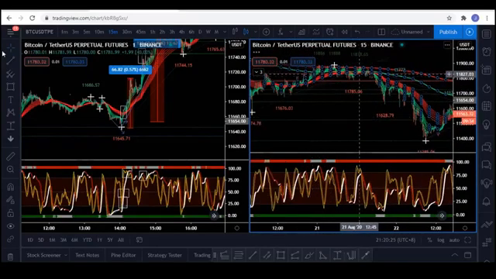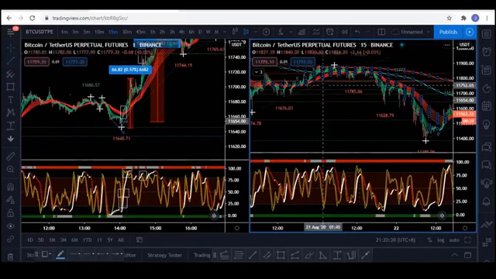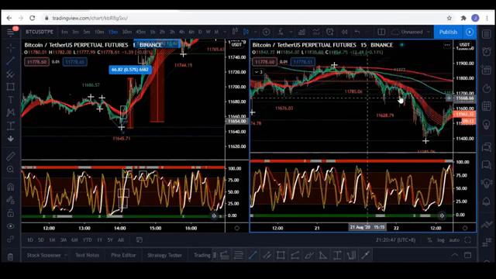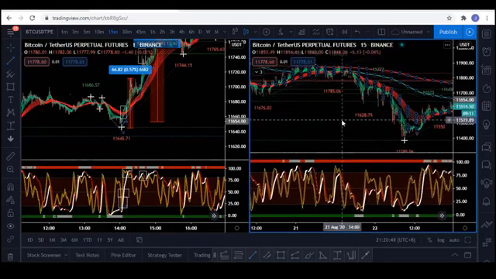Here, you need to study the different patterns, triangle patterns, so that you will know if our price is still going up or still going down. Okay, price action. This one is a descending.